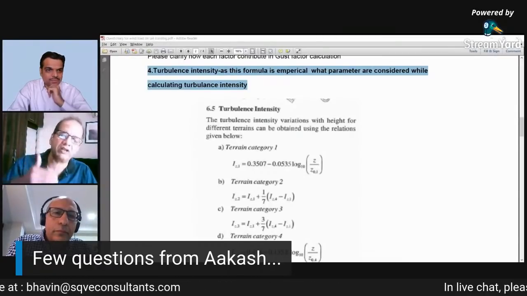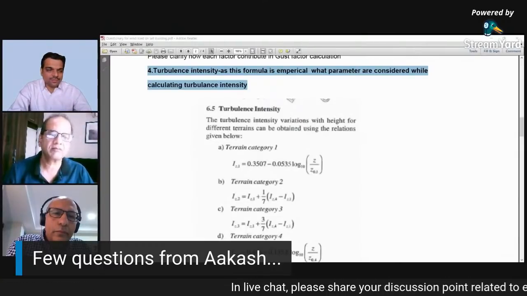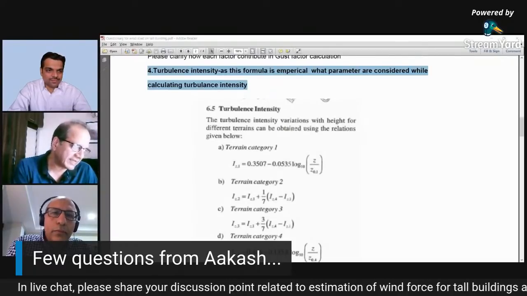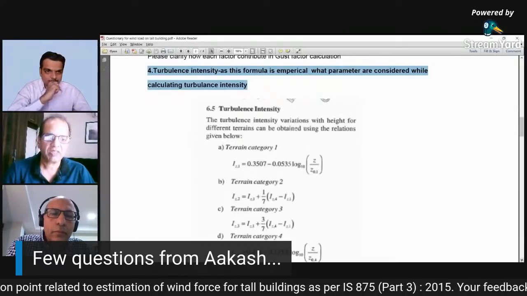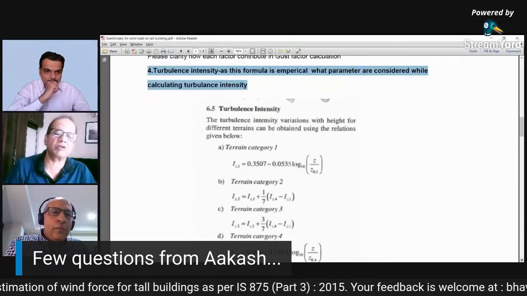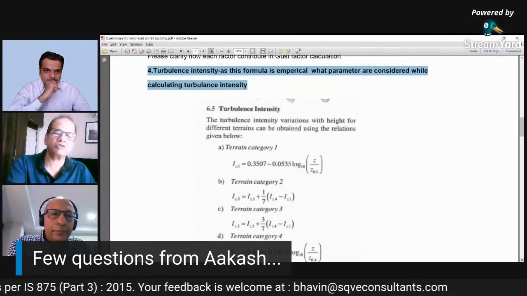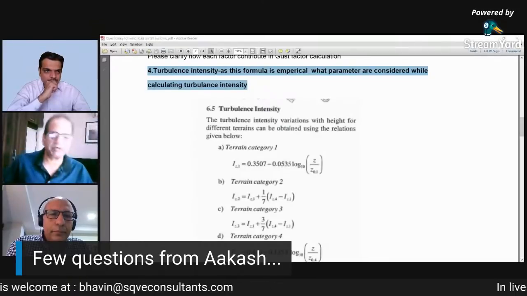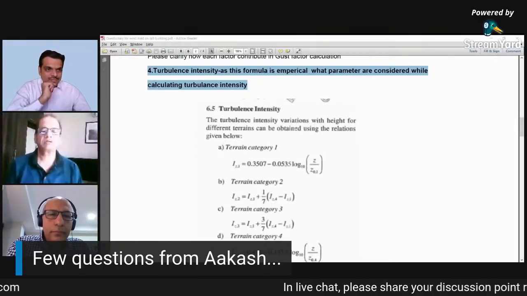So for 1 and 4 it has been derived, and then 2 and 3 have been interpolated. As such, in IS 875 Part 3 turbulence intensity values are not given, but in some other codes they have been given, corresponding to each terrain category. But now with these expressions you can work them out. They will come in the range of some percentage. Maximum may go up to even 40% in terrain category 4.